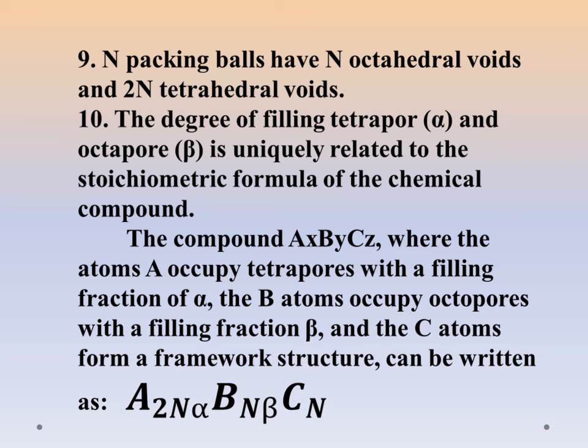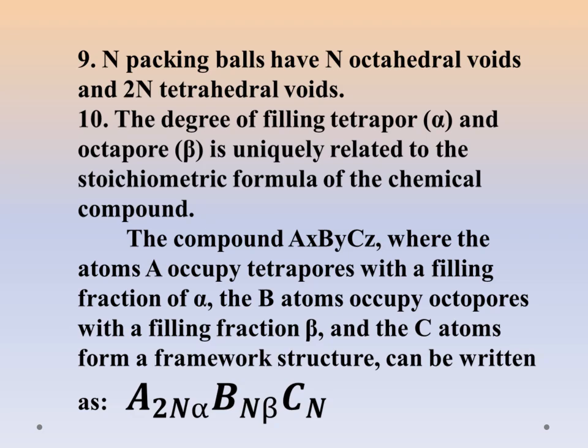On this statement the theory of closest packing is based. And if you know the basic statements of this theory, you can describe any crystalline structure and analyze the stoichiometric formula of this substance.